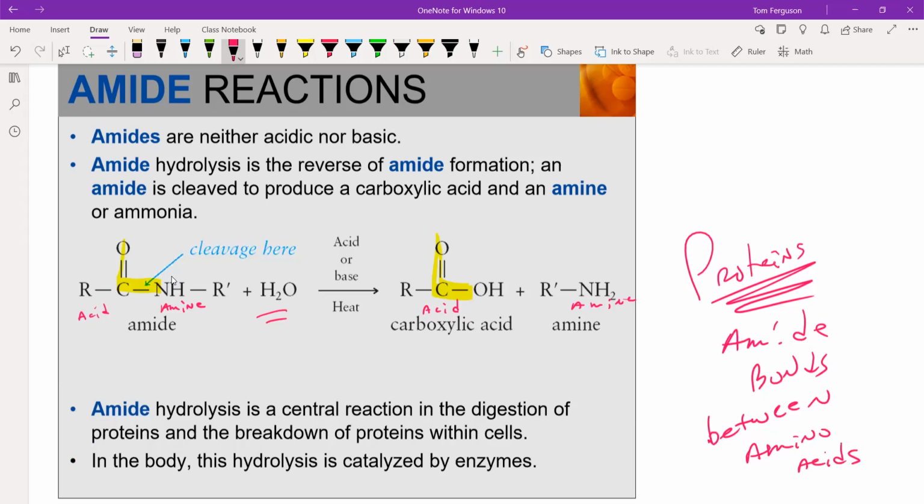So if this is a protein, you end up with amino acids. And the enzyme that does that is called protease.